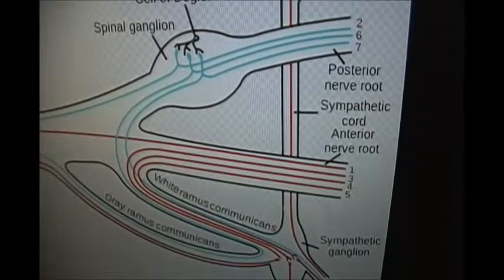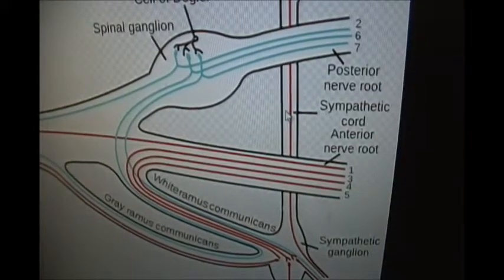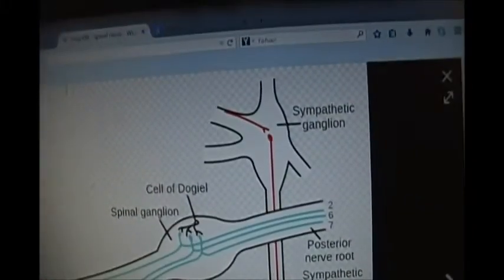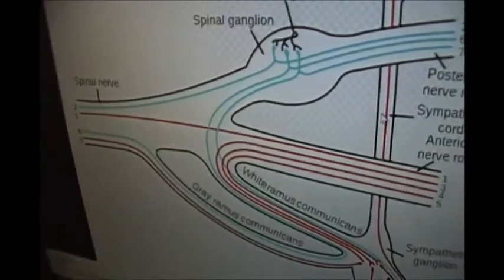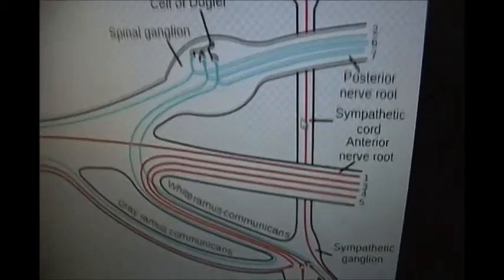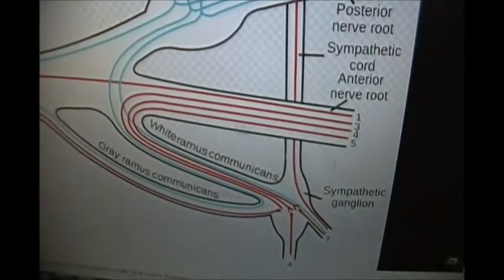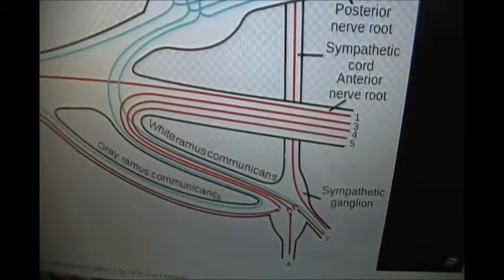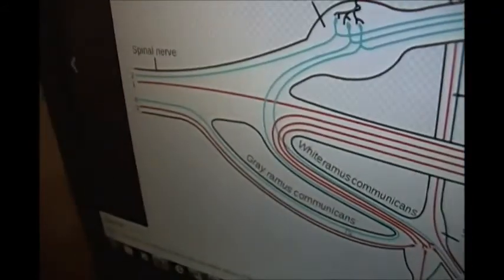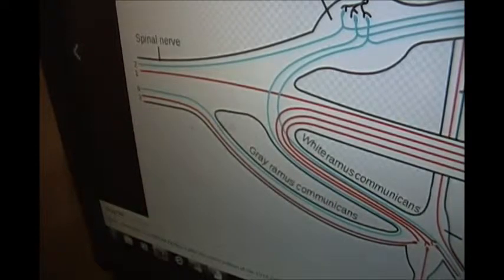This is the other picture, and this one includes, where my arrow is, the sympathetic chain, and this is the sympathetic ganglion. If you see, the nerve carries sympathetic fibers also. These are the sympathetic fibers, and they relay into the sympathetic ganglion. These fibers come in the spinal nerves.